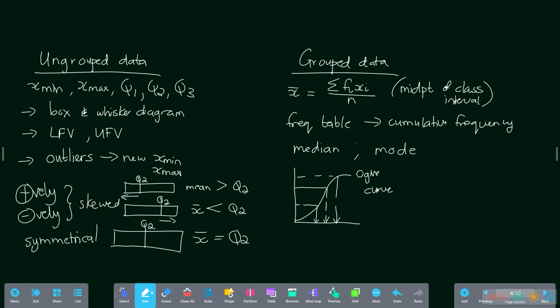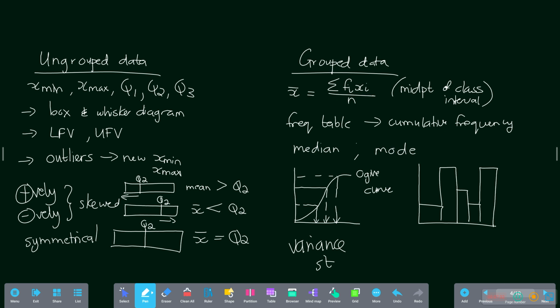And from the frequency table, you then need to know how to construct your histogram. Then in your textbook, they talk about variance and standard deviation. This here is level 4, so you ignore this. We are not doing that at level 3. It's for level 4.